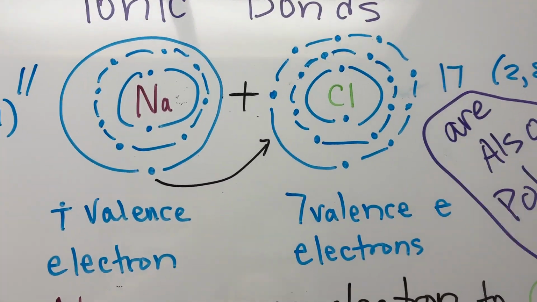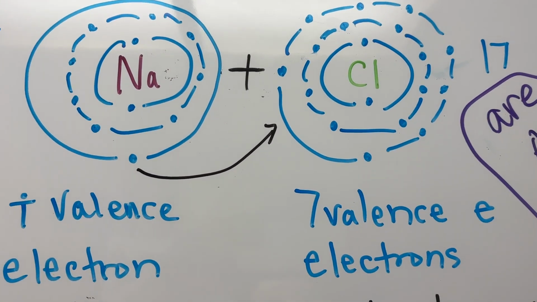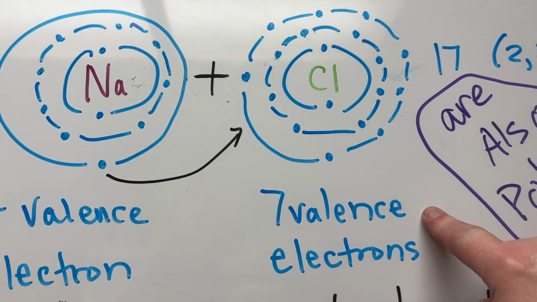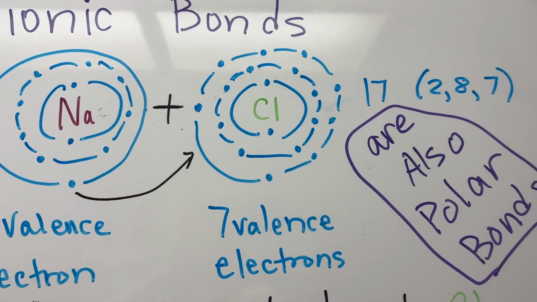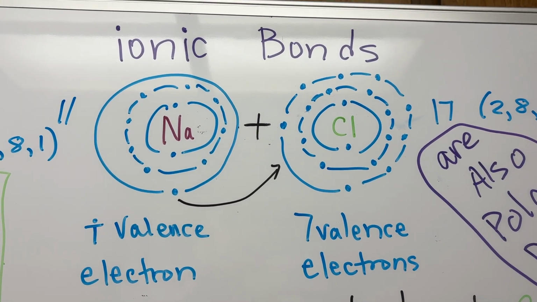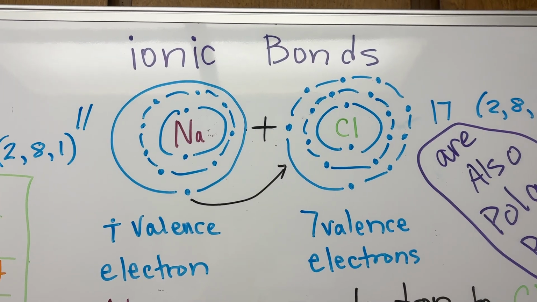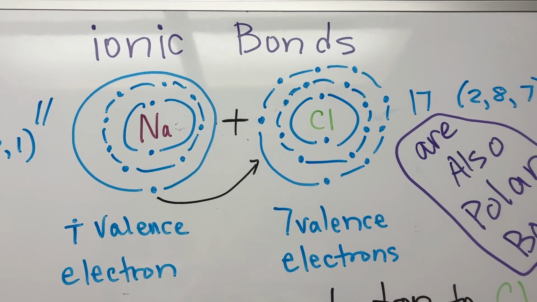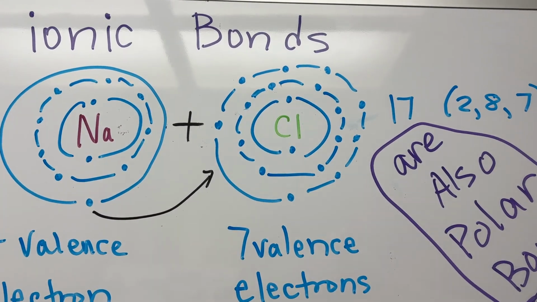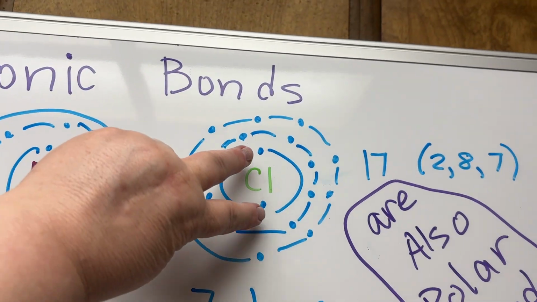Comes along chlorine, who has 7 electrons in the valence shell, and there is room for one more electron. So chlorine has 17 protons inside and has 17 electrons. The first shell is full with the 2 electrons.